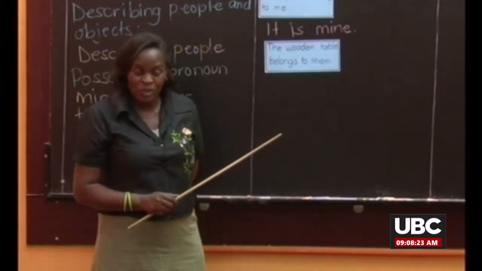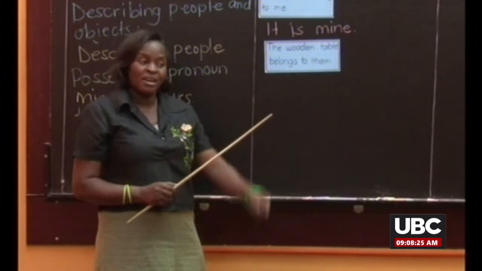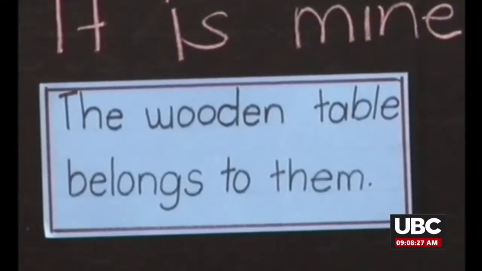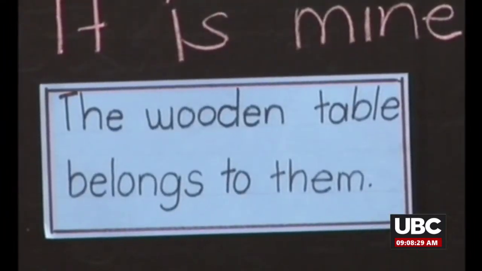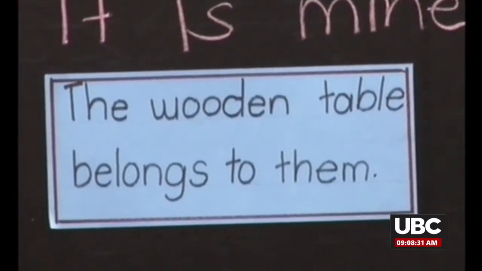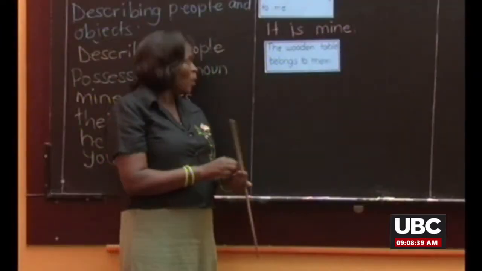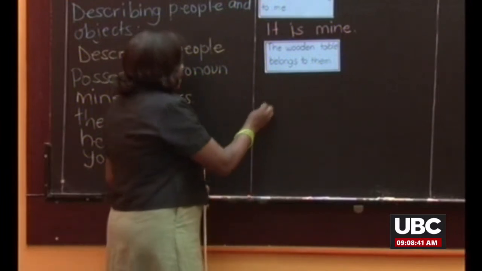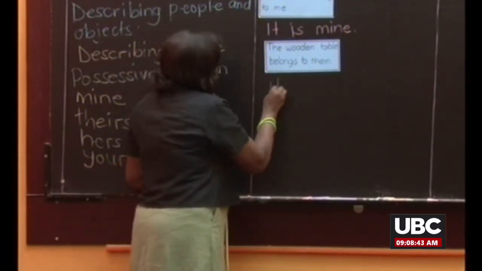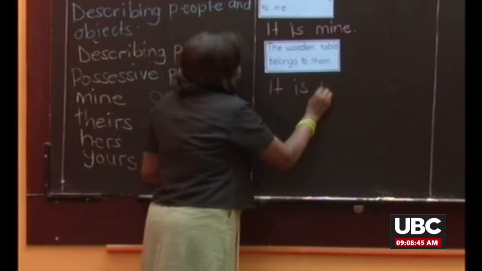For example, in a school, we might have different tables somewhere, or in the staff room, or in another class. Then you'll be able to identify it, and you say, the wooden table over there belongs to them. So, in our possessive case, we say, it is theirs.